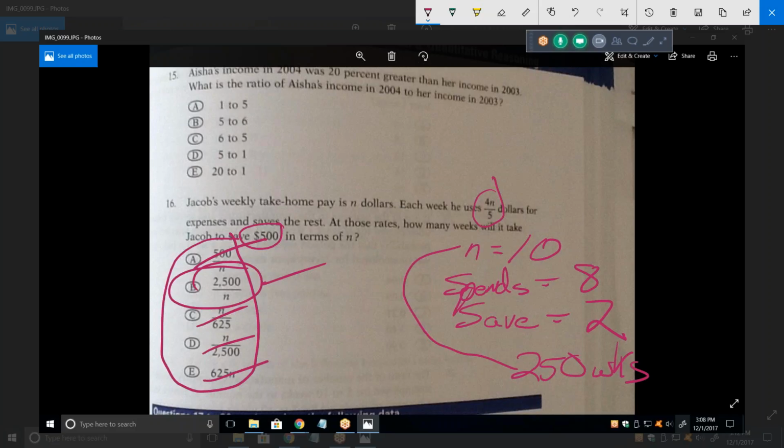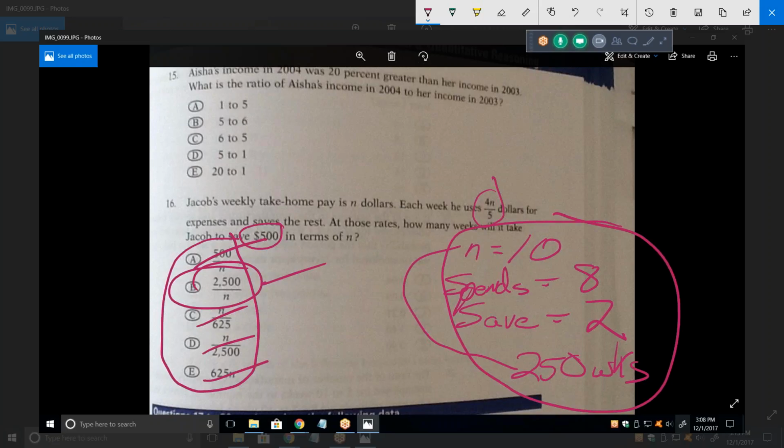Okay? And it's almost magical that it's very difficult to solve this algebraically. It just is. For anybody, I think. But for some reason, when you pick an n, you get this very easily, right? That was no problem.